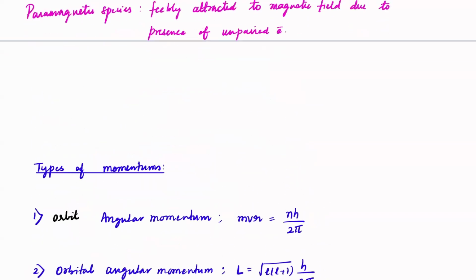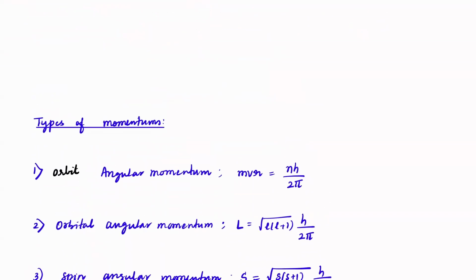Now, there is one aspect that we need to learn: whenever there is an electron moving, either from one point to another or on its own axis, every movement possesses something called momentum. If an object is moving from point 1 to point 2 without rotation or vibration, then we say it is getting translated and it will carry linear momentum.